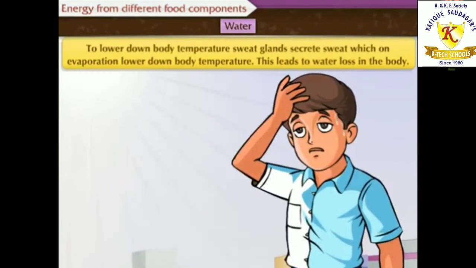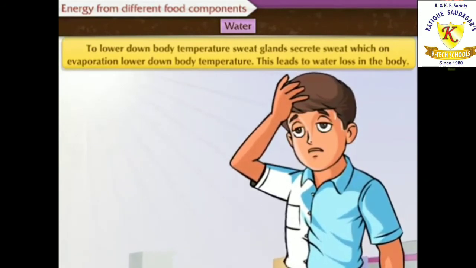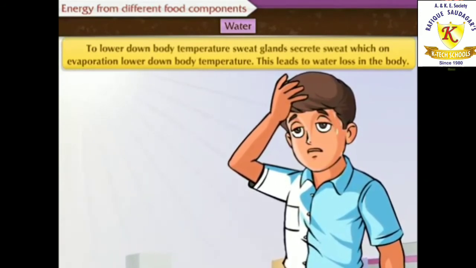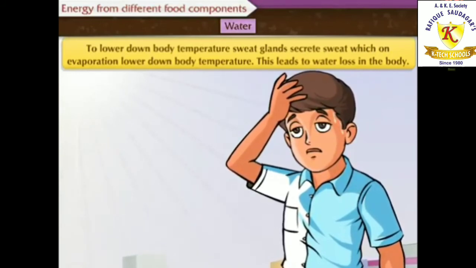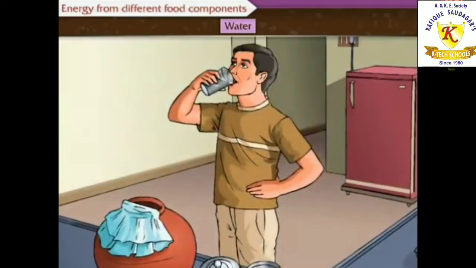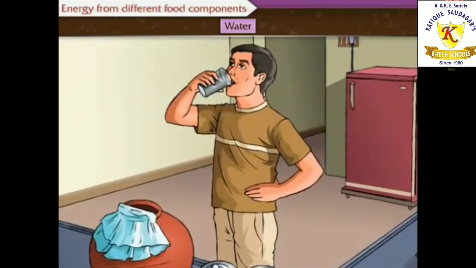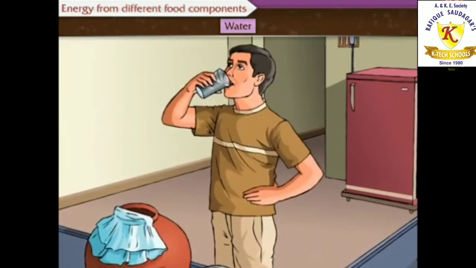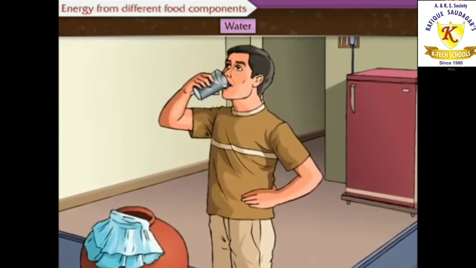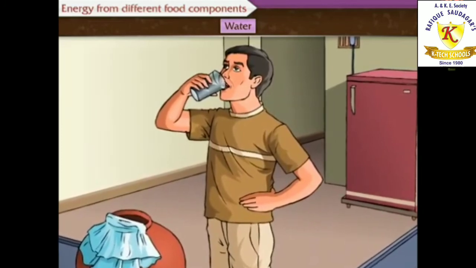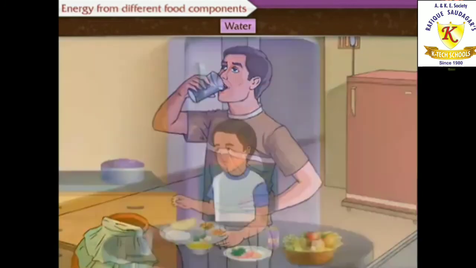This leads to water loss in the body. Are you getting me, children? Okay. So, we should drink lots of water to meet our requirements. We should always drink sufficient water.